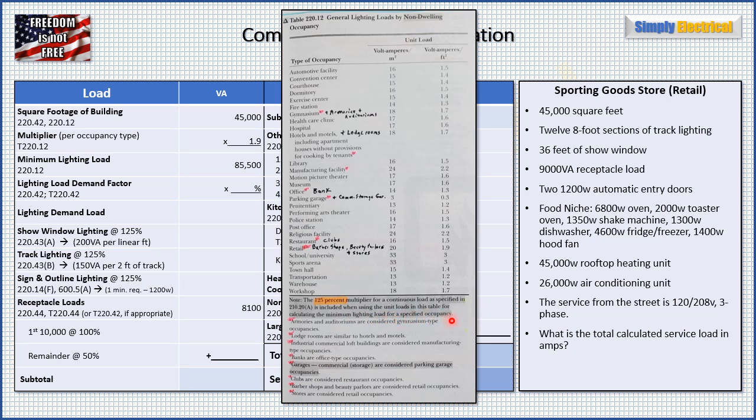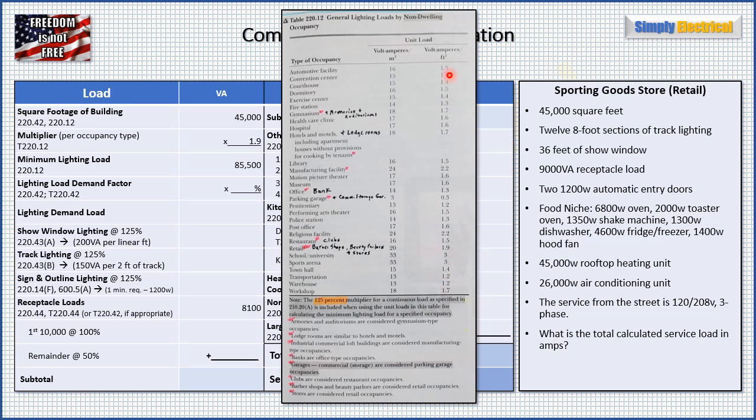Okay, so that's just saying that in a commercial building, your lighting is going to be on for more than 3 hours at a time in almost all cases, so you need to figure in an extra 25% when calculating that load. We're going to get into this a little bit later near the end of this calculation, so I'm not going to spend too much time on it now, but this note just tells you that that extra 25% is already included into these numbers in this column here.